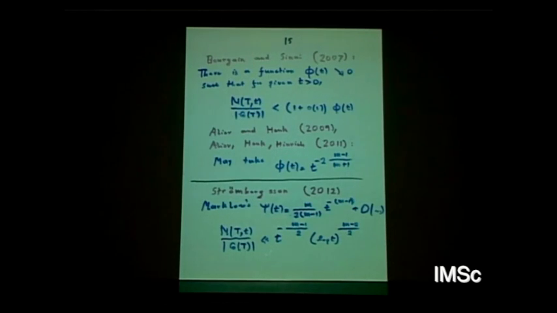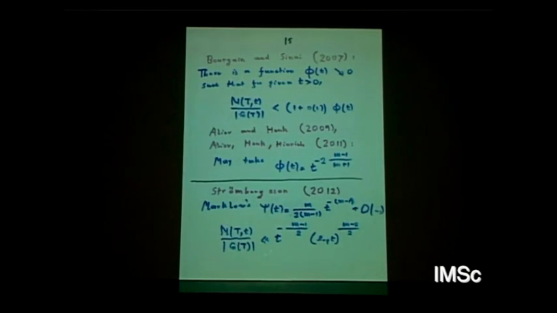On the other hand, Aliev and Henk, and then Aliev, Henk, and Hinrichs showed that you may take a function phi of t equal to little t to the minus 2 over n, with exponent (n-1) over (n-2). Well, so good. It goes to 0. We have some precise result. Of course, you still have this little o(1), so it's asymptotically true as capital T goes to infinity.